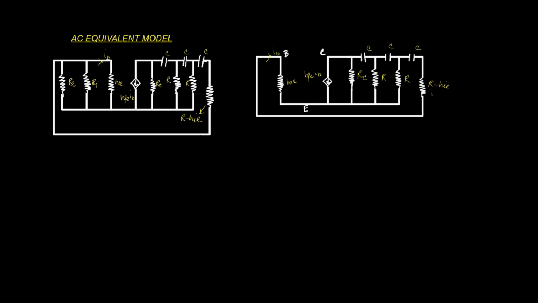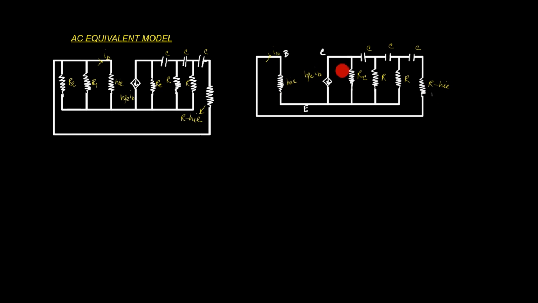So simplify this circuit, and now you can see that R minus hie is connected in series with hie. So when we simplify this, R minus hie plus hie gives R. That's why I took that resistor as R minus hie for simple calculations.